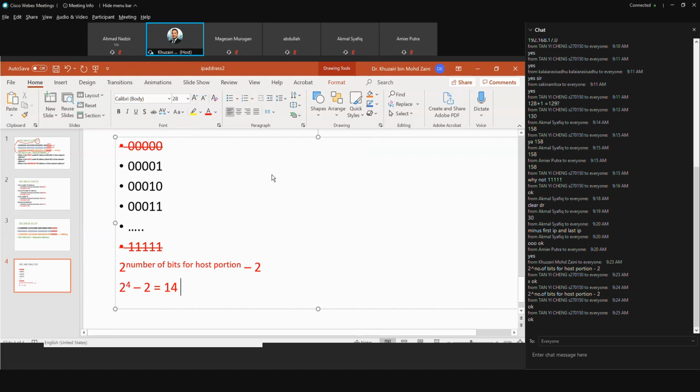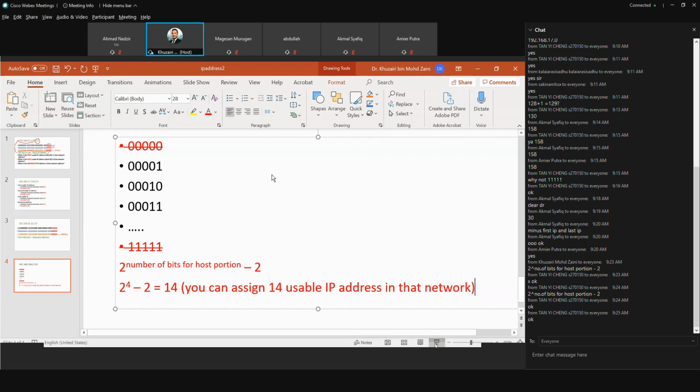So 14 means that you can assign 14 usable IP addresses in that network, whatever the network ID is, in that network.